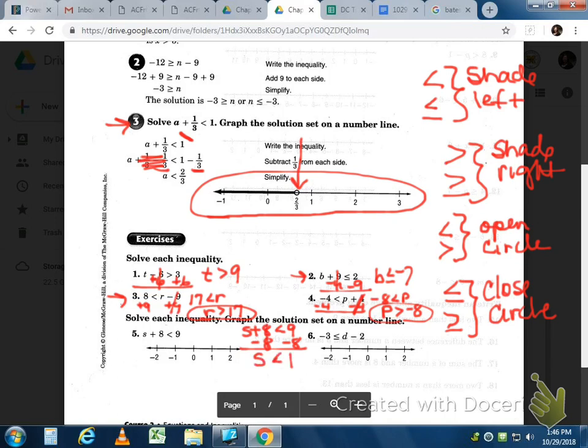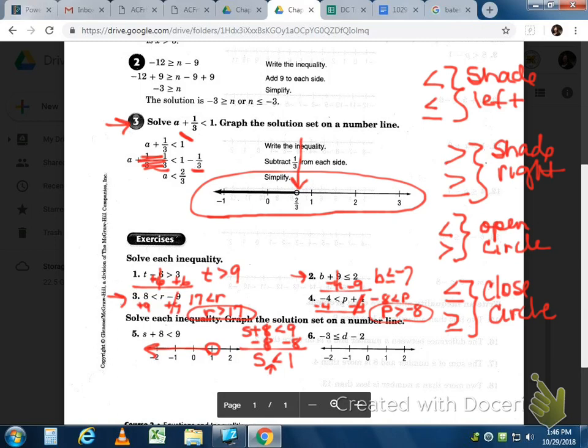Okay, when s is less than 1, 1 is not a possible answer. It's less than 1. So you do an open circle, and which way is it pointing? And then you shade left because it's pointing left. It's less than. It's all the numbers smaller or lesser.